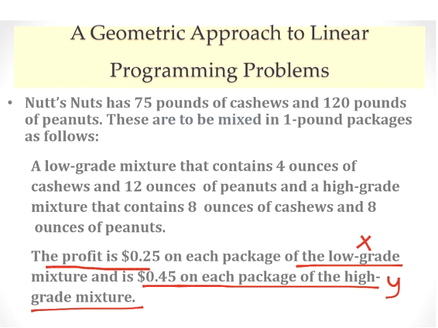Here, our product is in terms of the package or the mixture, which is made from cashews and also peanuts. So the limitation that we have here is the cashews and the peanuts, because in all of our products we need to include the cashews and peanuts.